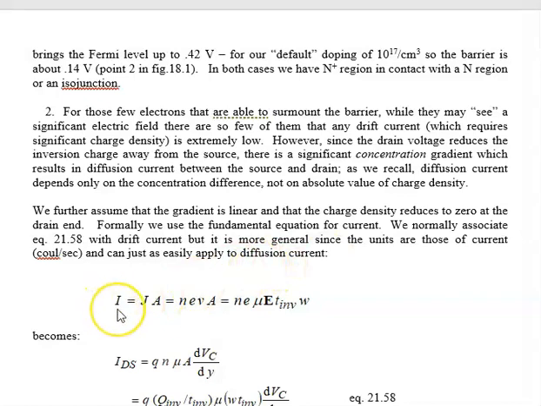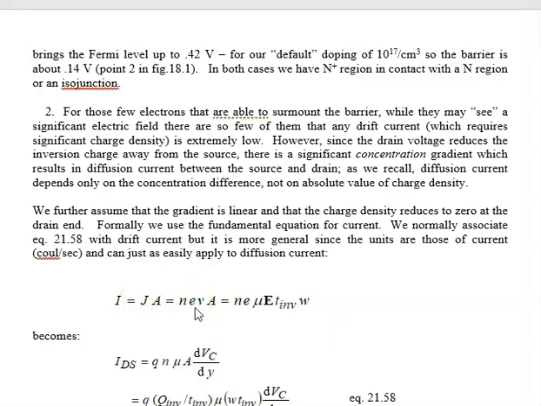Well, we write the basic equation for current. Current equals the current density multiplied by the cross-sectional area. Cross-sectional area is the thickness of the mobile inversion layer multiplied by the width. That's here. This is T inversion multiplied by W is A, and the current density is neV, where v is the velocity.